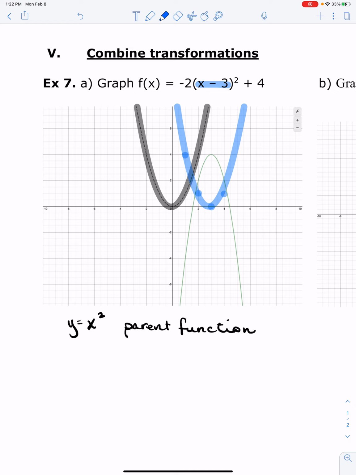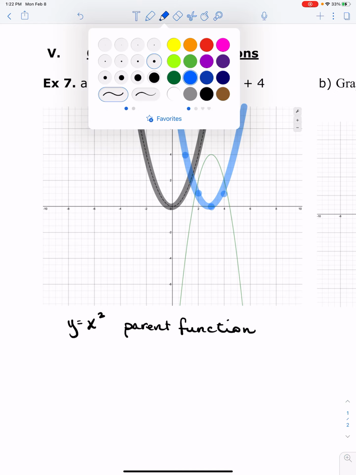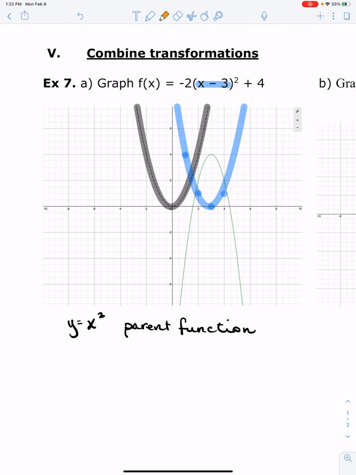We knew that the plus 4 part is going to take our graph and move it up 1, 2, 3, 4. So everything gets moved up 4.